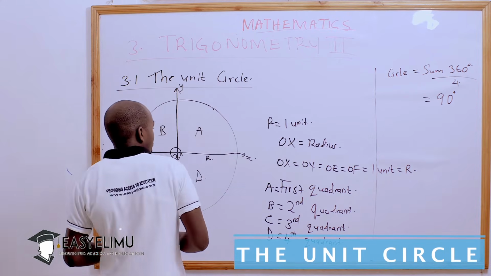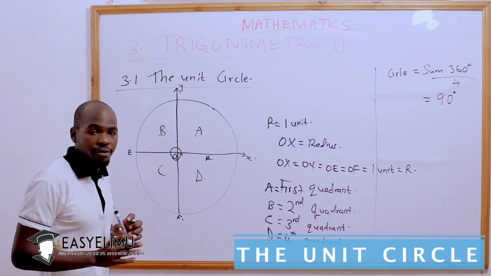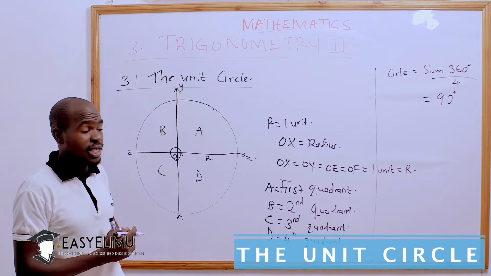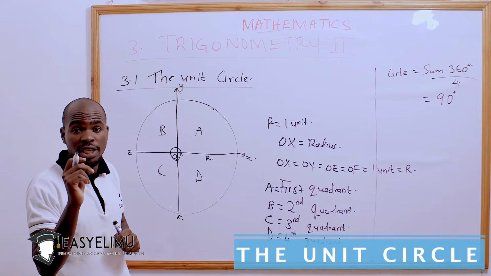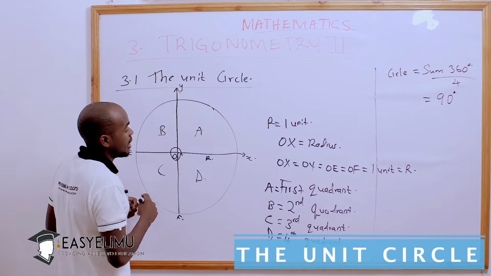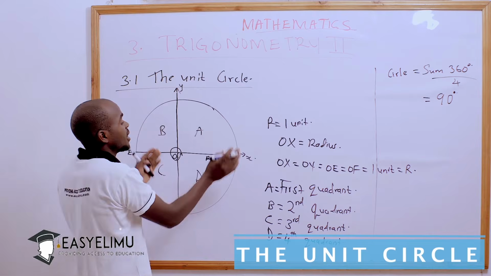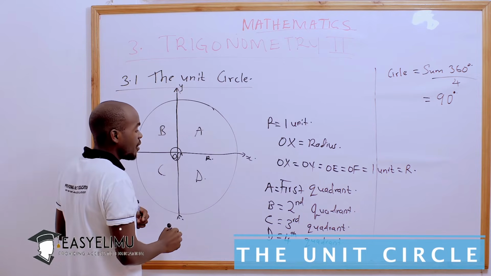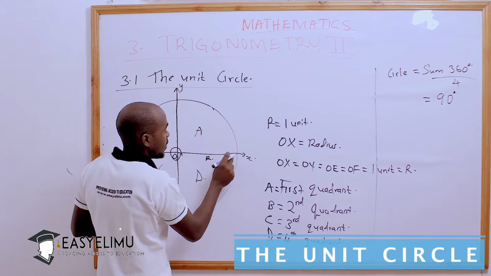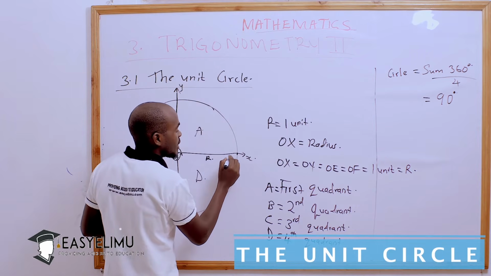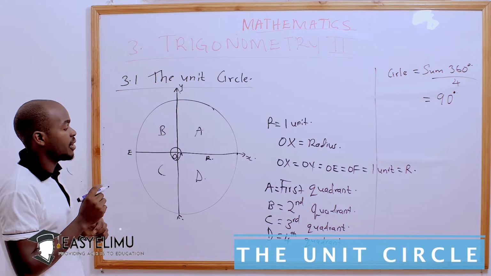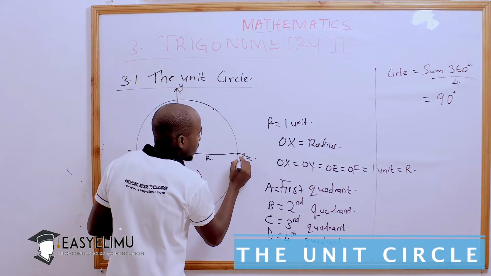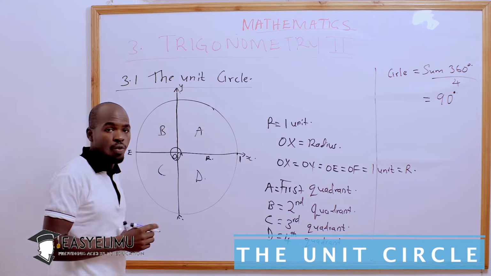But remember, if we have drawn it to a graph, we have said it's a unit circle measuring 1 centimeter or 1 unit each. So if this is a Cartesian plane and this is the x-axis and this one is the y-axis, where the circle touches the x-axis, here it will be positive 1.